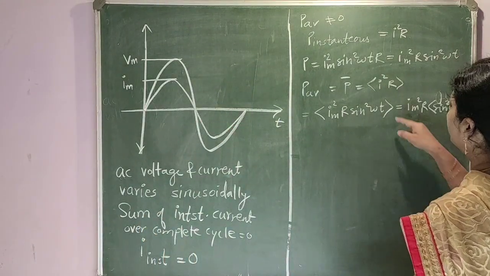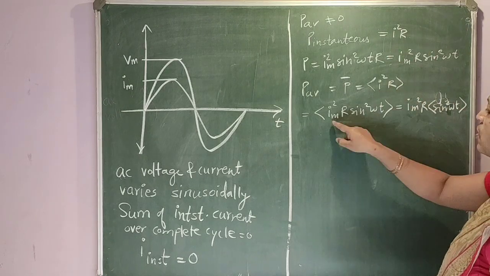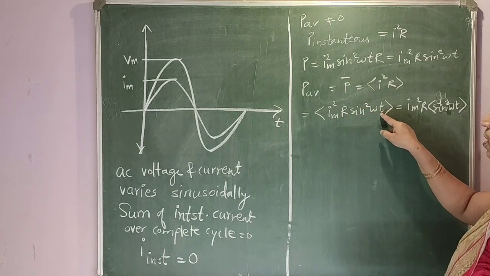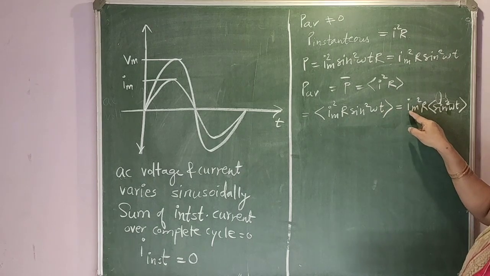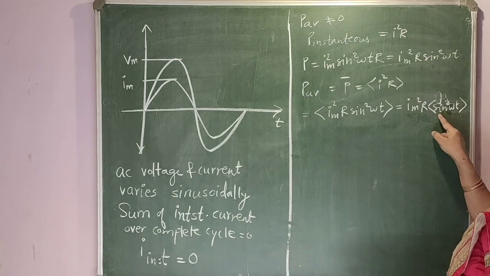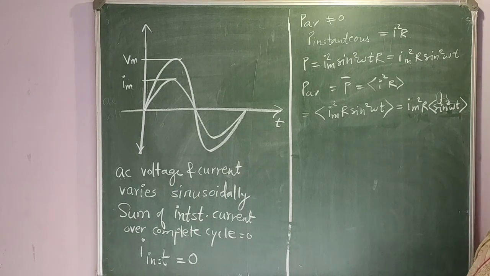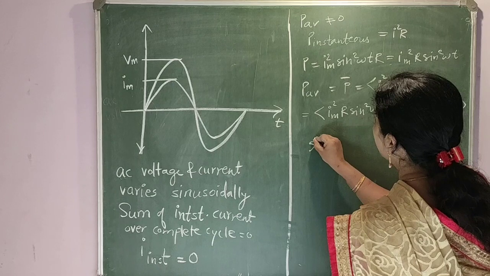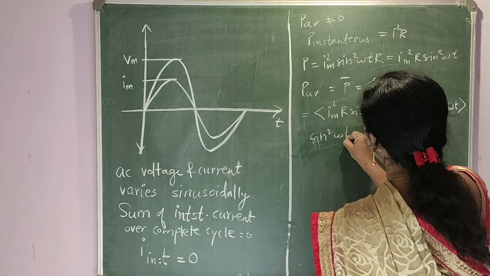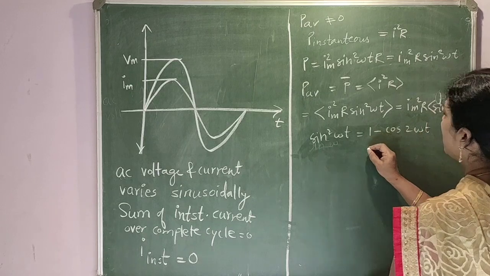I square R, because P is given by I square R. Substituting the value, I maximum square R sin square omega t. The current I maximum square and R are constant, so they are taken outside, and we want to find the average of sin square omega t over a complete cycle. Now we are using the mathematical formula: sin square omega t equals 1 minus cos 2 omega t upon 2.